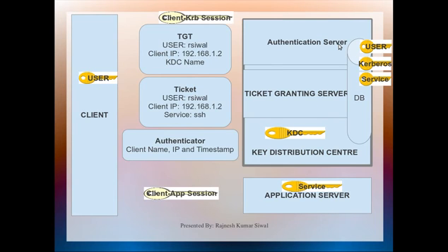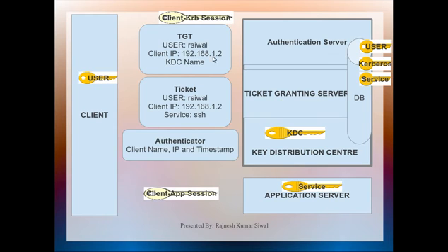In case it finds the identity of this particular user XYZ, the key distribution center fetches the key corresponding to the user and creates a ticket granting ticket for this user. So the ticket granting ticket consists of the username, the client IP from which he is trying to log in, and the KDC name.